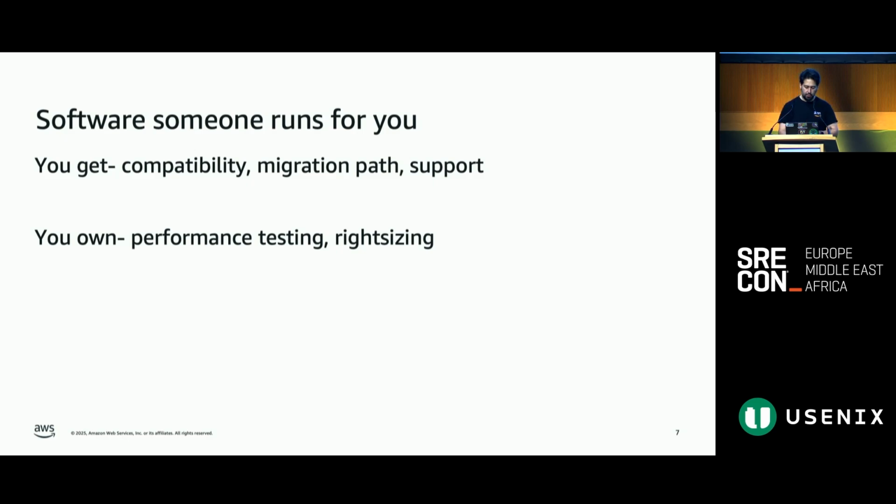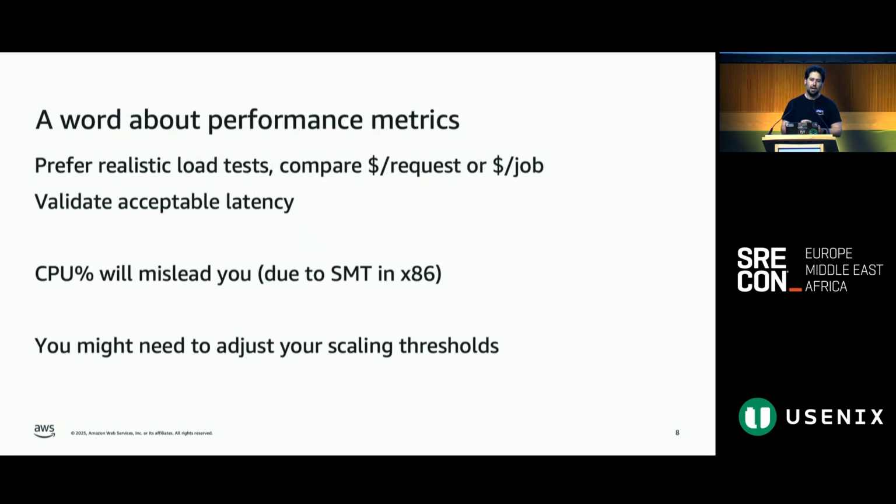And maybe a word on performance testing. A thing that I saw happening repeatedly at different customers is that they are not asking the right questions when they approach performance testing. Specifically, what I would recommend when you do performance testing in this case is to prefer realistic load tests. And by realistic, I mean something that emulates the environment that you're going to run in.